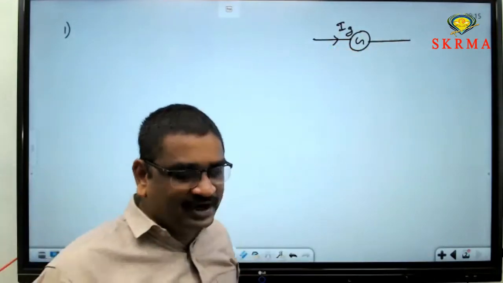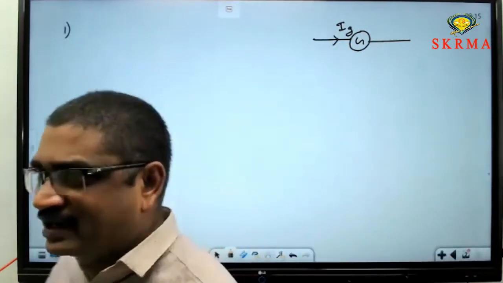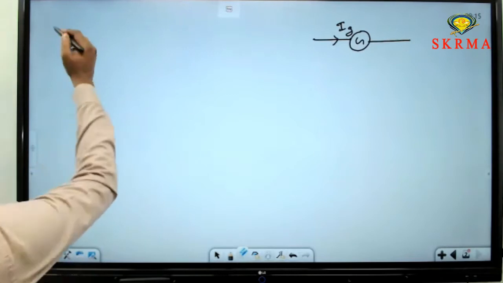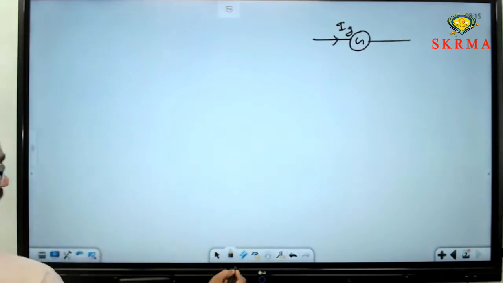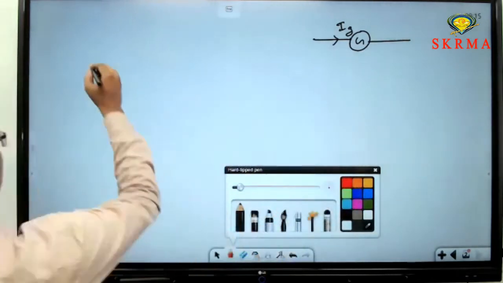Now I want to convert this galvanometer into an ammeter. What is the main purpose here? We are converting galvanometer into ammeter.